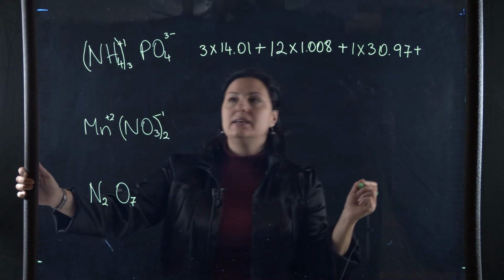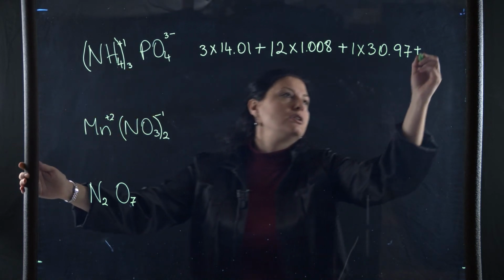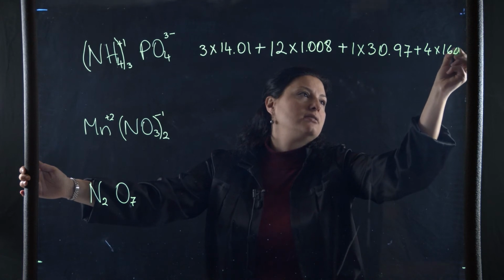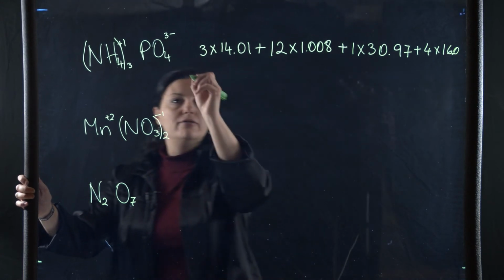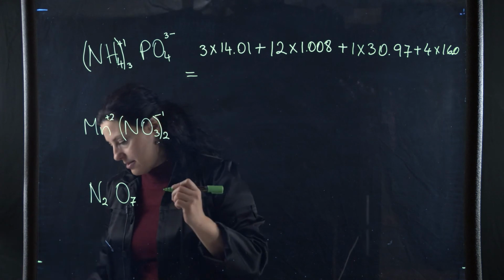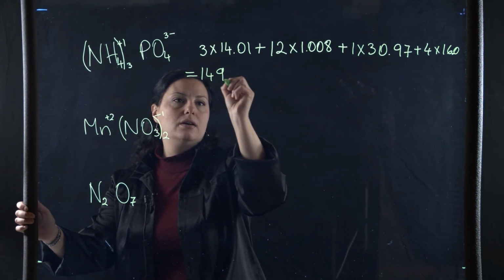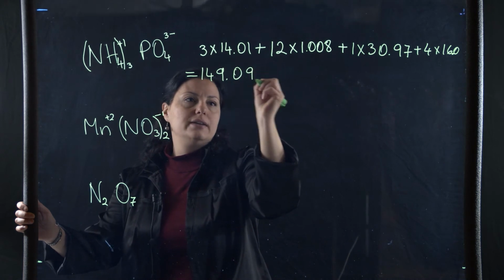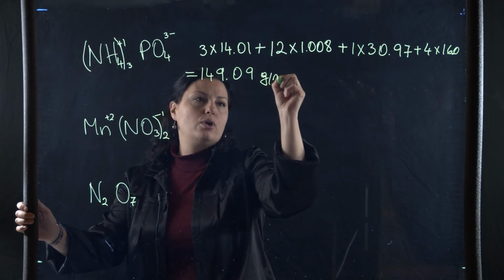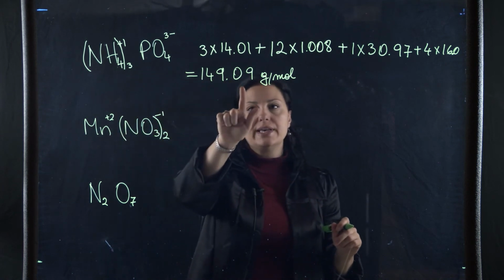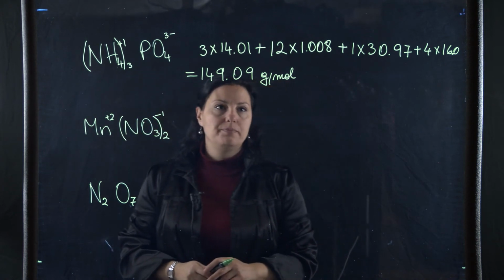And then lastly, I have 4 oxygens, so 4 times 16. If you do all of this math, you should get approximately 149.09 grams per mole. So every 1 mole of ammonium phosphate weighs 149.09.